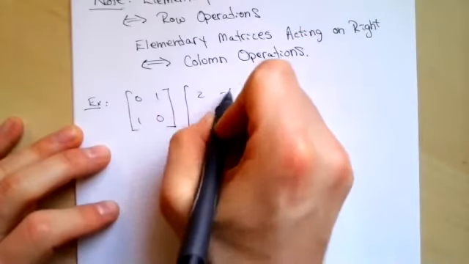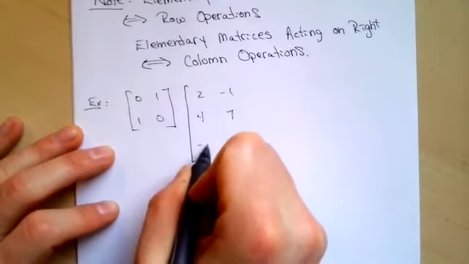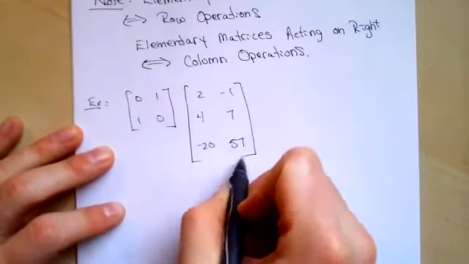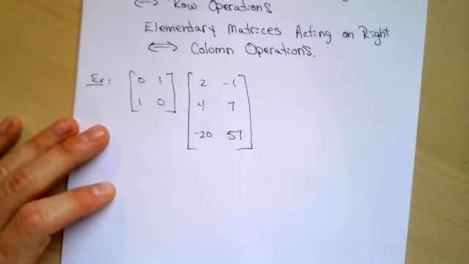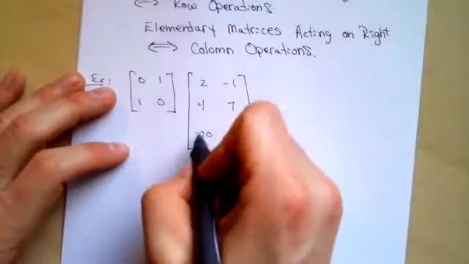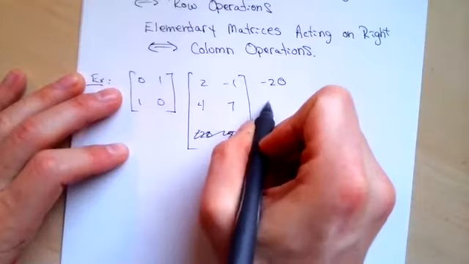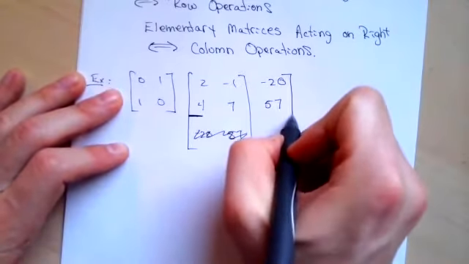So let's say we've got 2, minus 1, 4, 7, minus 20, and 57. Did that in the wrong dimensions. Sorry, 2 by 3 is what I meant to draw.